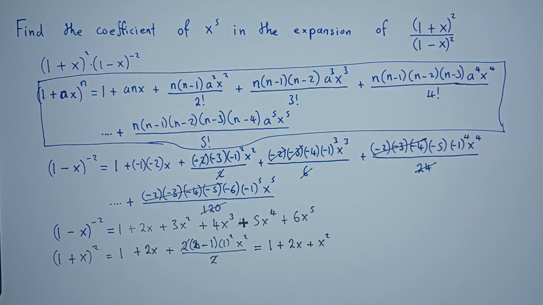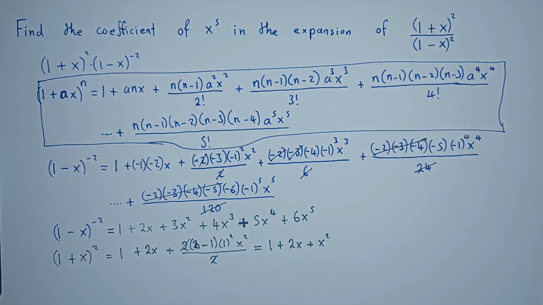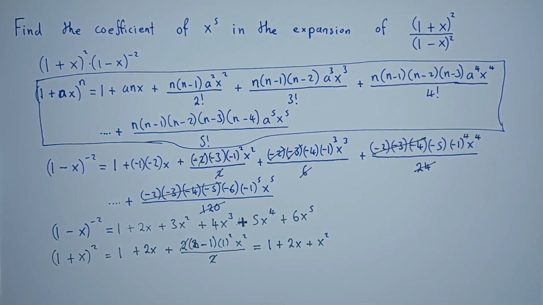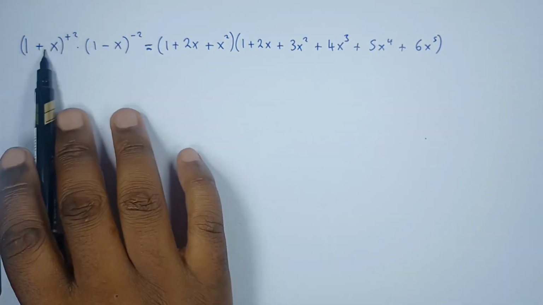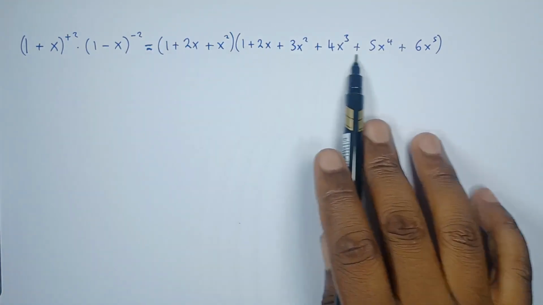Okay. So now, remember, these two are multiplying. So let's multiply them, then we see how we can get the coefficient of x to the power 5. Okay, so the expansion for this one is this one here. The expansion for this one is this one here.